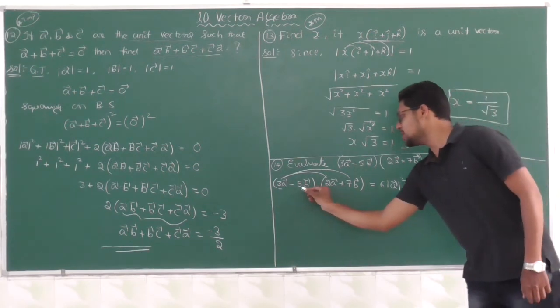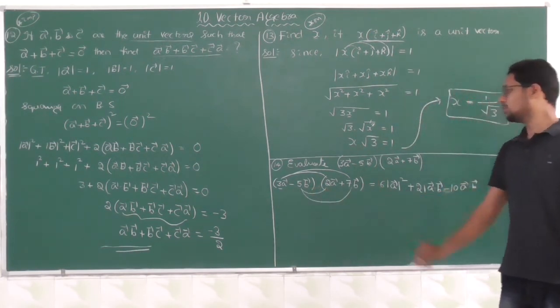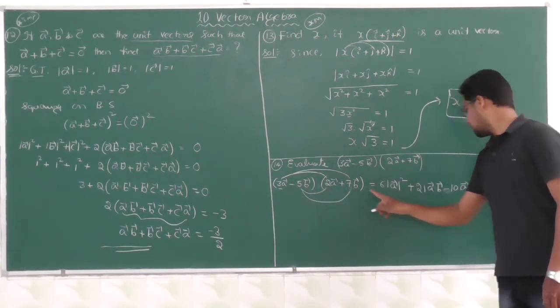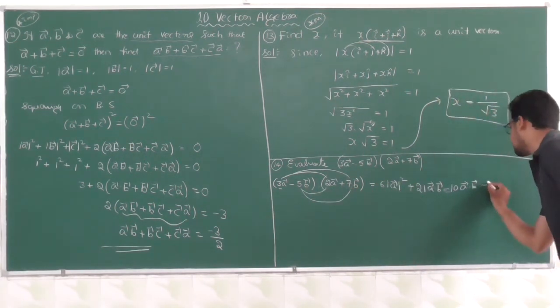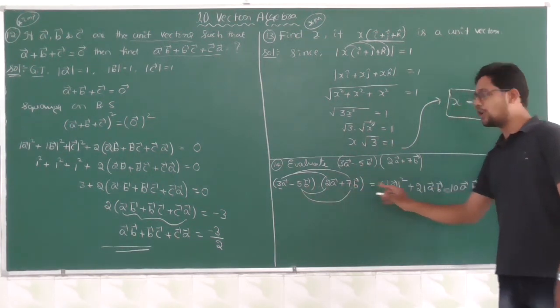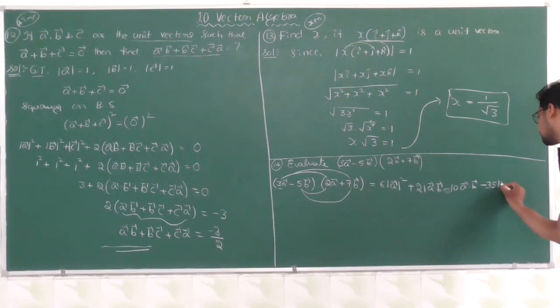Next, minus 5b into 7b. Then minus 5 into 7 is minus 35, b dot b, the magnitude of b square.